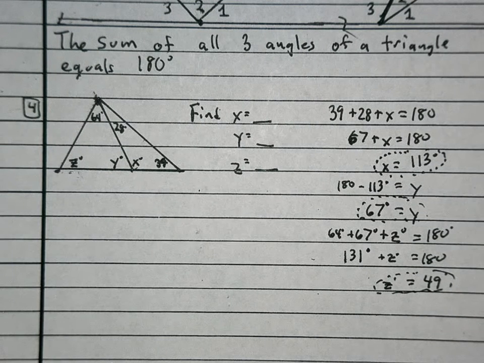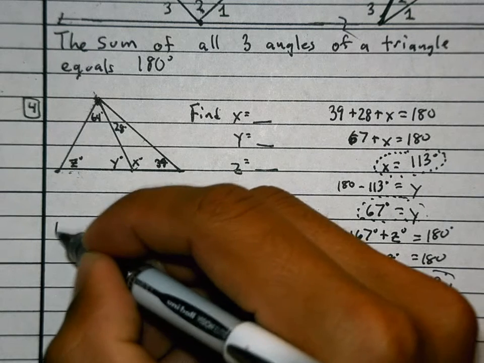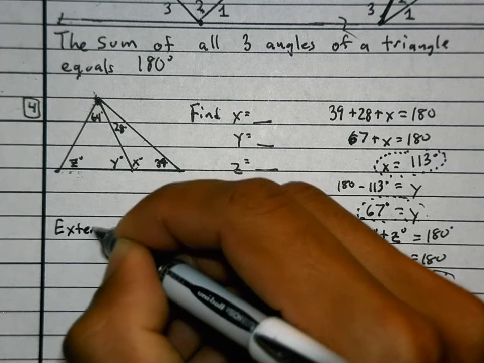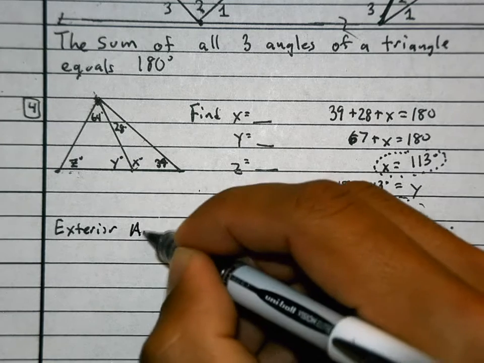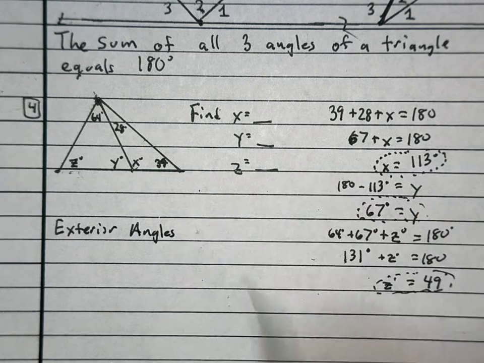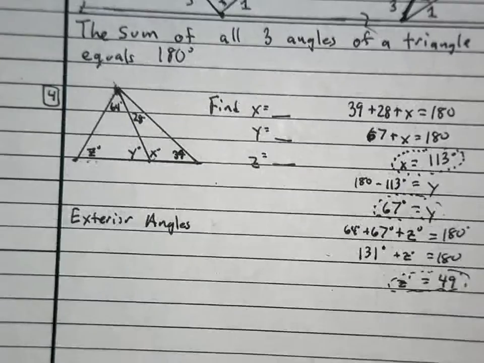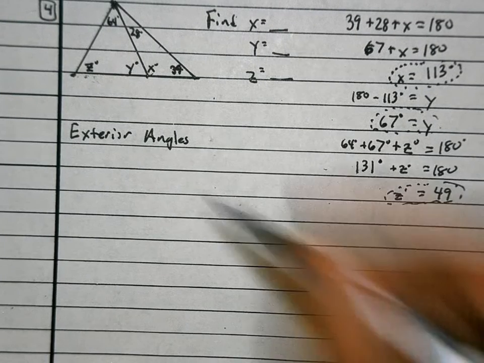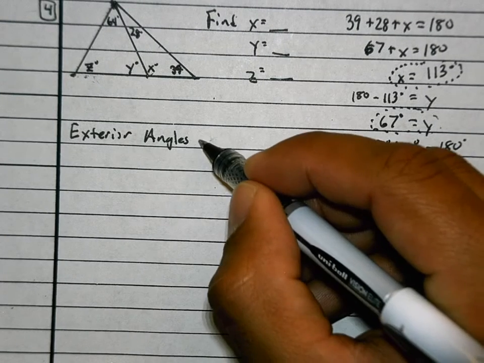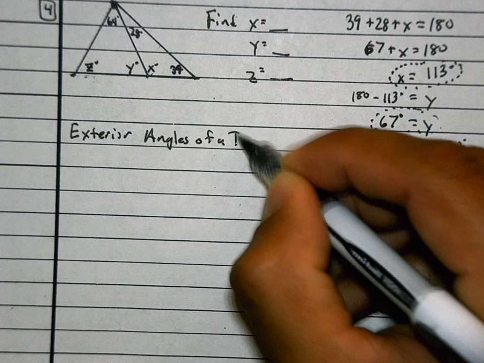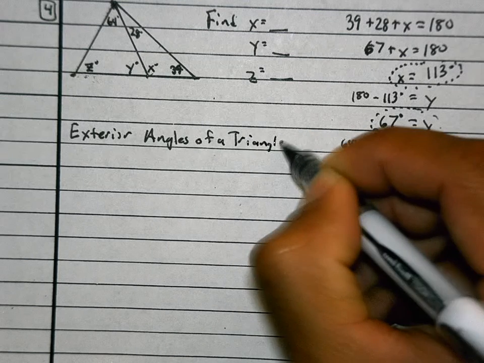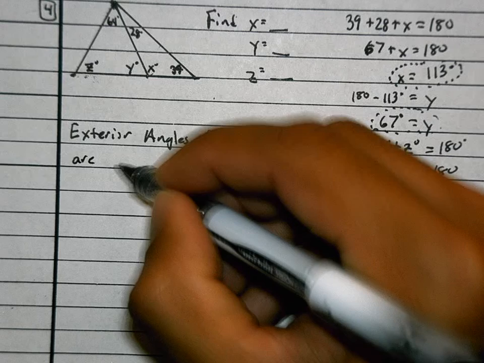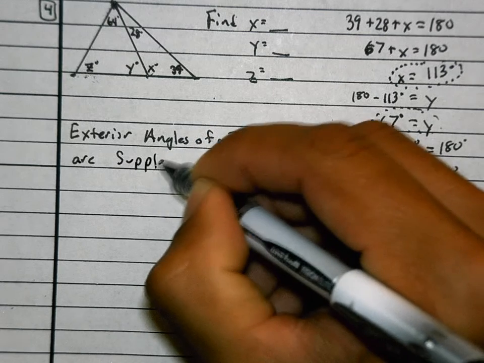The next thing I want to talk about are exterior angles. Let me move this up just a bit. Exterior angles of a triangle are supplementary.